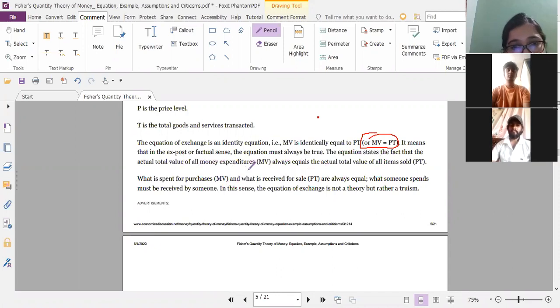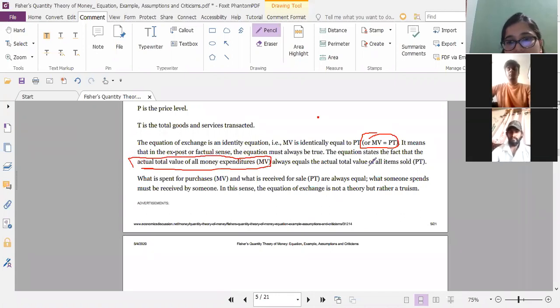So MV is the actual total value of all money expenditure, this is supply actually, and PT is what? The actual total value of all items sold, right? That is the demand.